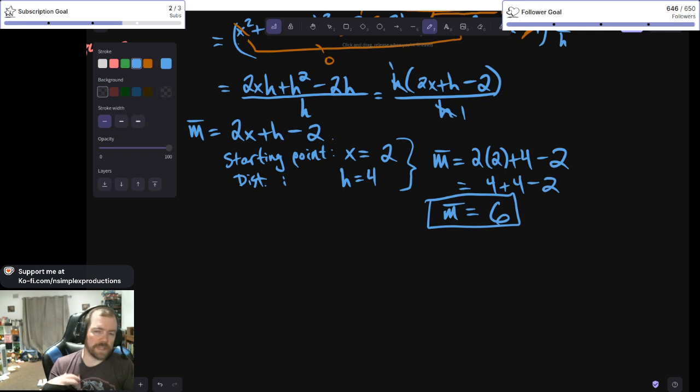So this is the m bar for that particular function, the average slope that cuts along these 2 particular points on this function. X is equal to 2, and then h is 4, so x is also equal to 6. Right, so then we end up saying, what if h is 0?